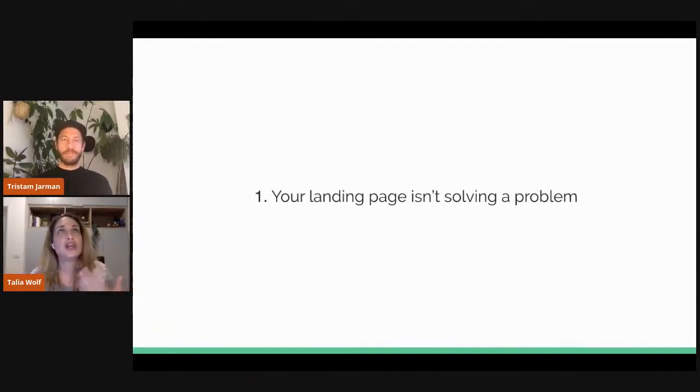You don't need a general landing page that captures lots of irrelevant people. You need a landing page that solves your specific audience's problem. So the specific prospects that you have, that's a problem you want to solve. To solve your prospect's problem, you need to understand the ins and outs of your audience's intent, the challenges that they're facing, their desired outcomes.